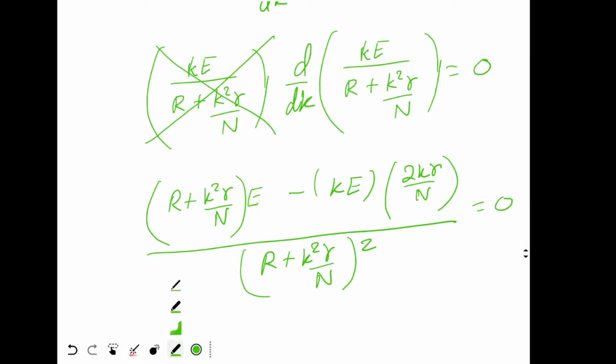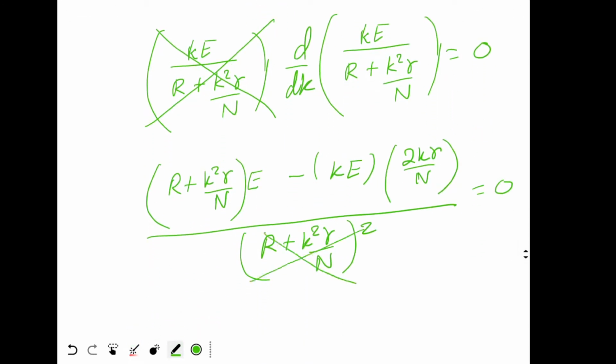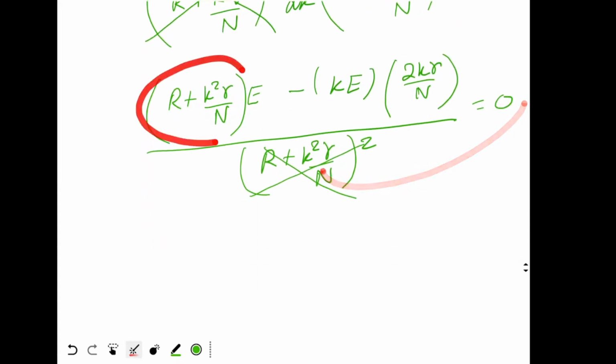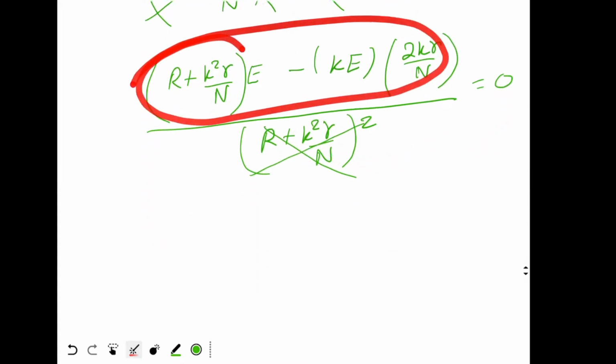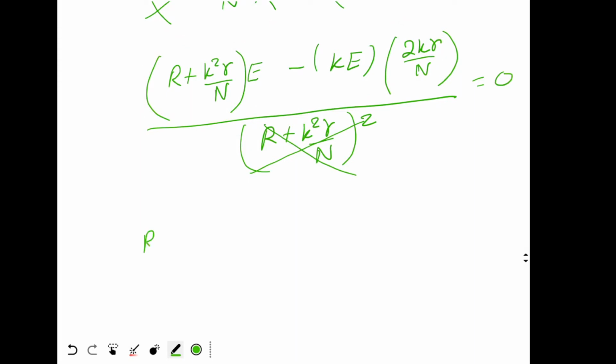Even the denominator is not needed, since we take it to the other side and it becomes 0. So we just want the numerator equal to 0: R plus K square R by N times E is equal to KE times 2K R by N.